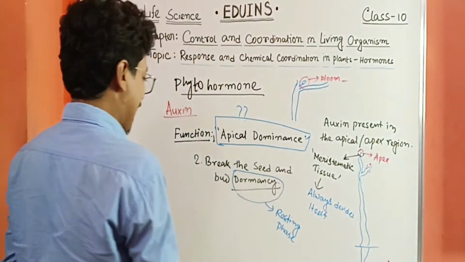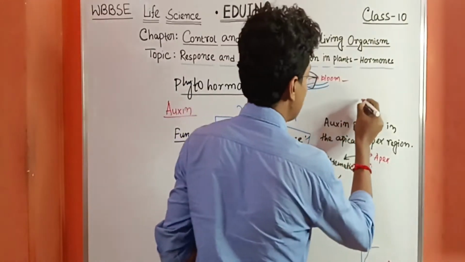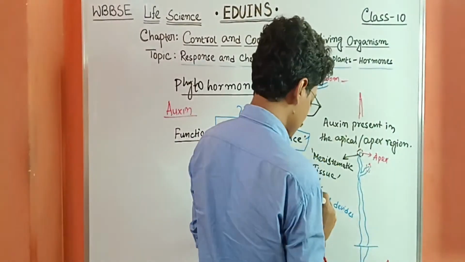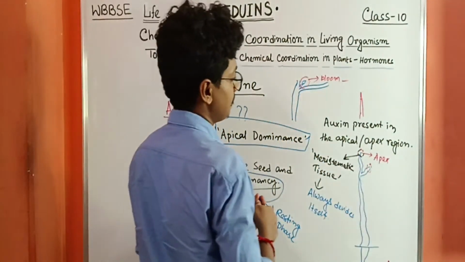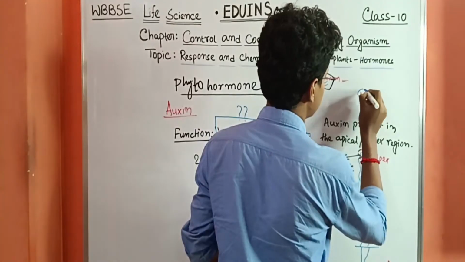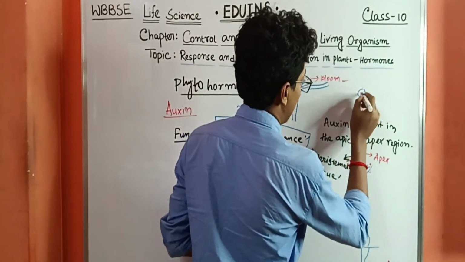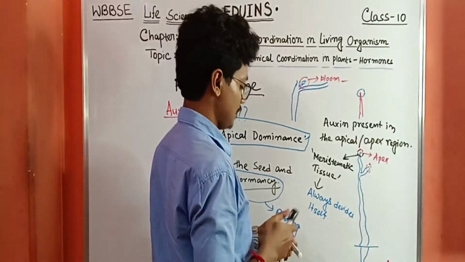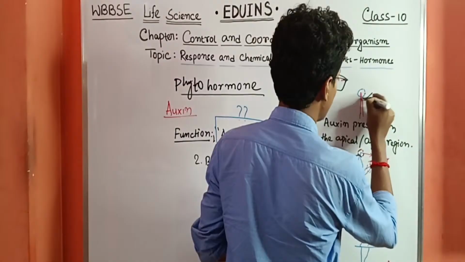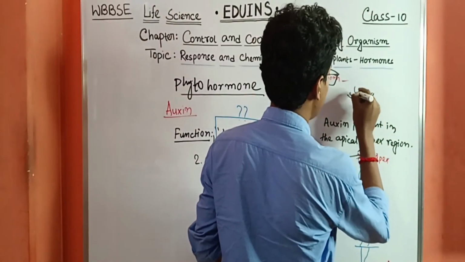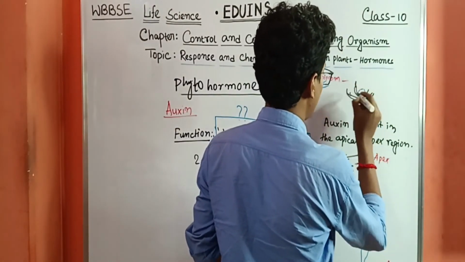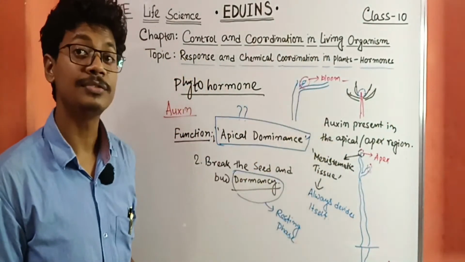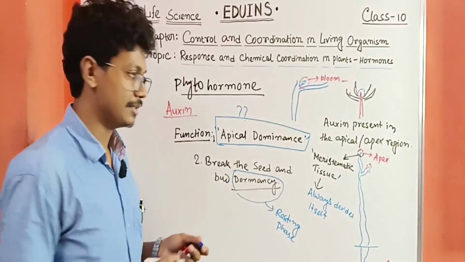Another point is that if we cut down the tip of the plant, that is the apex region, it will grow laterally. Many branches will arise from there. This is called the inhibition of apical dominance.